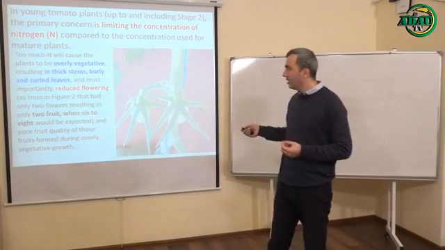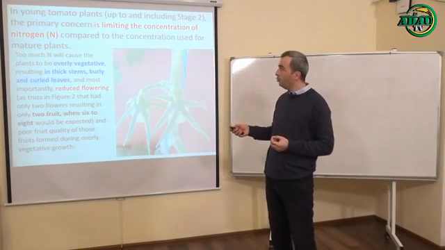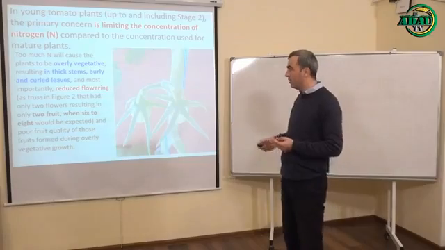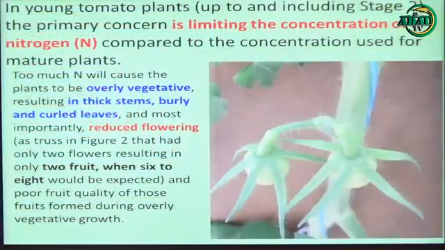So this tells us that we have overused nitrogen, and it makes the plant over vegetative. It results in thick stems and burly and curled leaves.